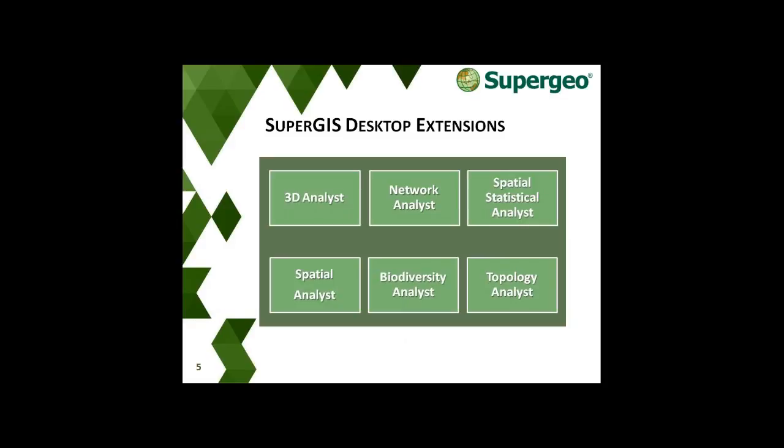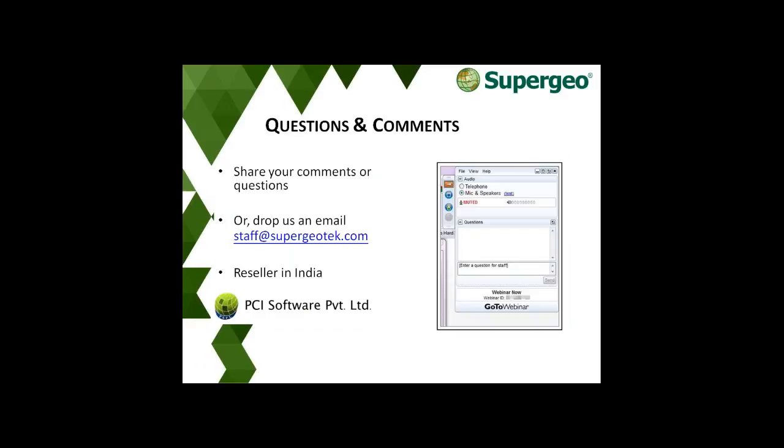Besides common use tools, we also have SuperGIS Desktop extensions to meet various analysis demands. They include 3D, network, spatial, biodiversity, and topology. The biodiversity analysis is also a unique analysis module that other GIS software doesn't have. We will show you later.